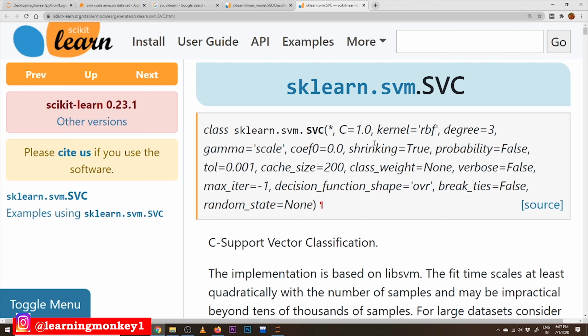C works inversely proportional to the lambda value. If C is near 0, it works as underfitting. If C is large, it works as overfitting. So coming to our support vector machine coding, we use SVC.